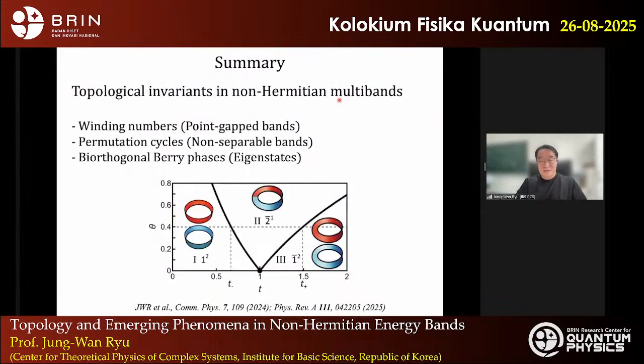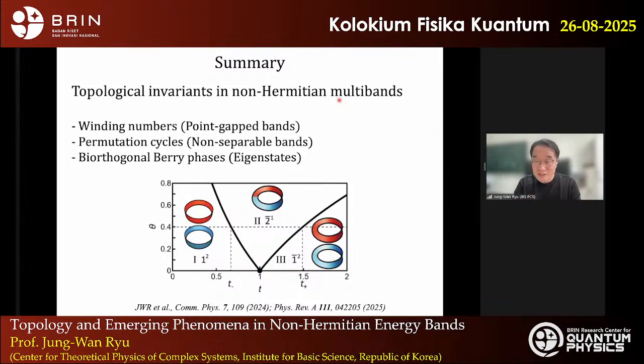So let's just summarize my talk. Today I explained about topological invariants in non-Hermitian multibands. The first one is the winding number from the point-gap bands. The second one is a permutation cycle from the non-separable bands. The third one is the bi-orthogonal Berry phase from the eigenstates. Sometimes they are independent, sometimes they are related.